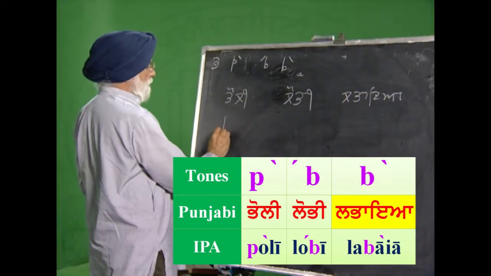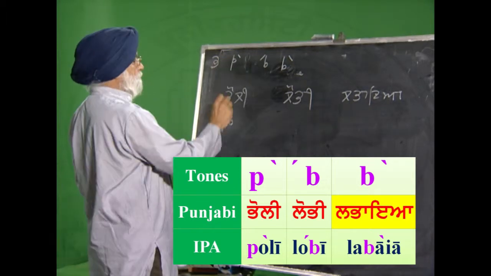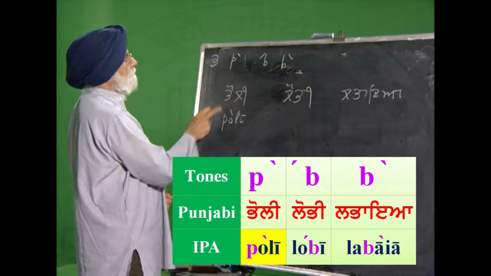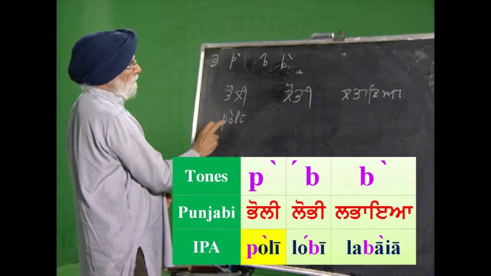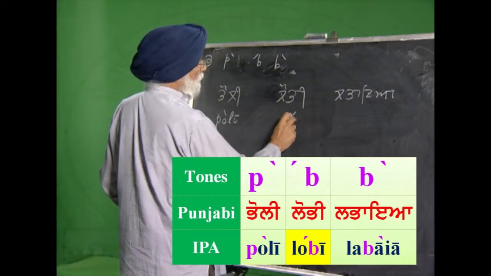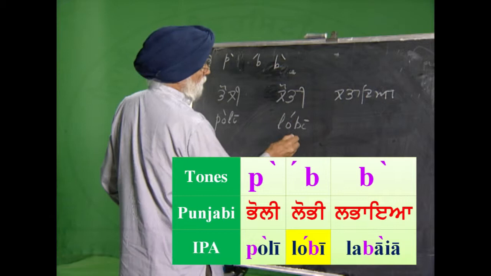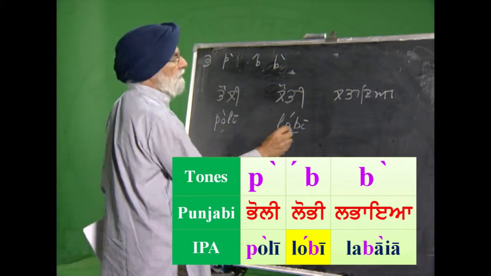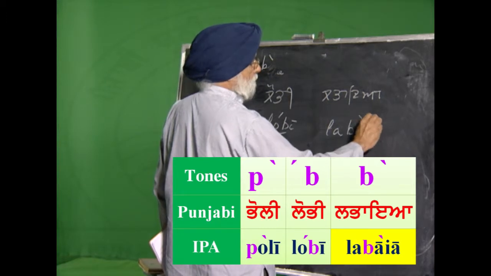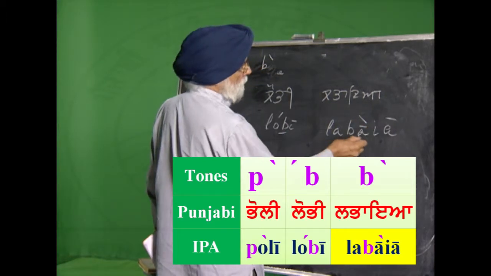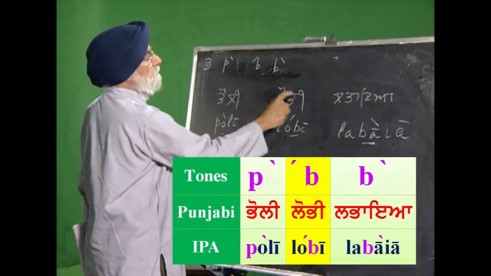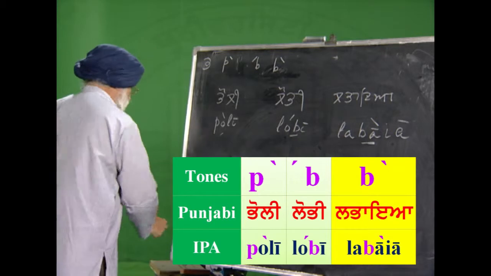You have the same pattern: poli, pa with the low tone, and then high tone and ba. We concentrate only on this area, and labaya, ba with low tone, this third. You see, you have 1, 2, 3, 1, 2, 3. This is how it works.